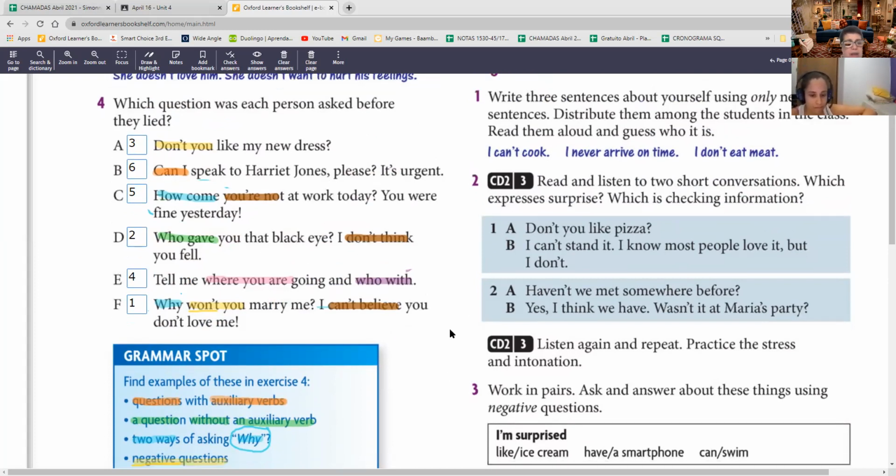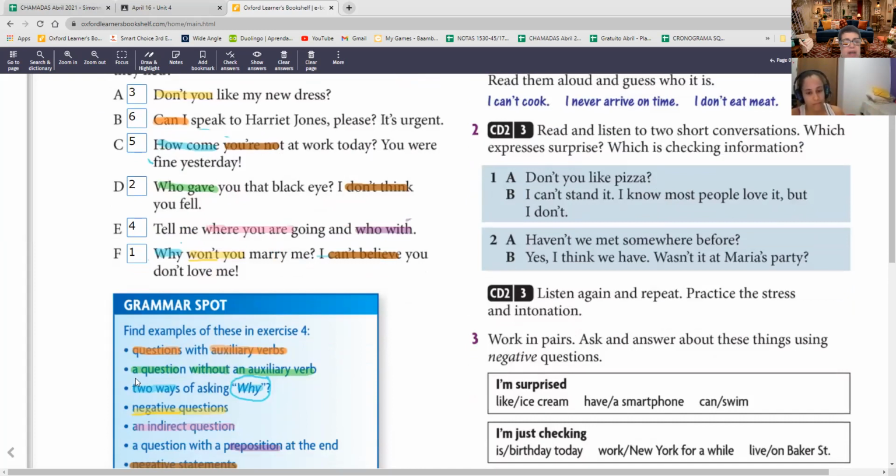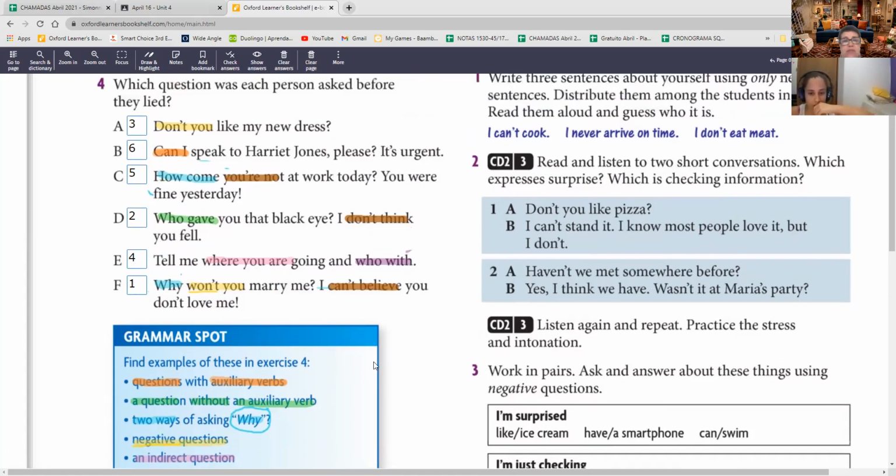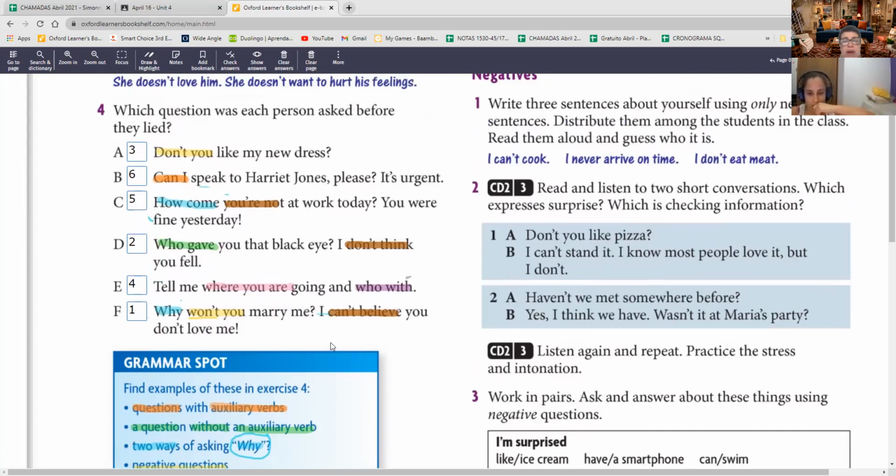Okay. Now, in green, Lorena, I highlighted a question without an auxiliary verb. Sometimes it's very common to ask questions without auxiliary verbs when the question word is the subject, right?